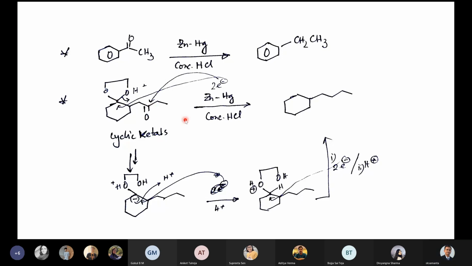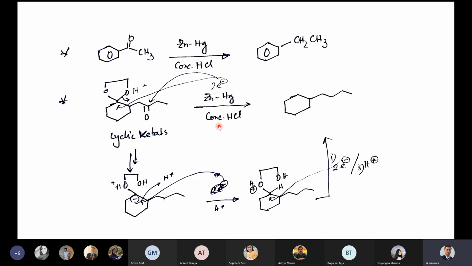The second reason is this reaction happens in an acidic medium, concentrated HCl medium. Let's say in your molecule, maybe some other molecule, you have an acid labile group that you cannot put in acidic medium. You need probably a basic medium to do the reaction. That time you cannot use this Clemmensen reduction.